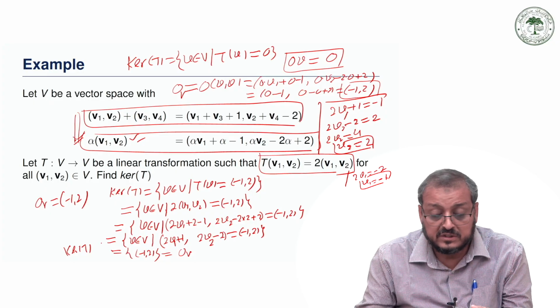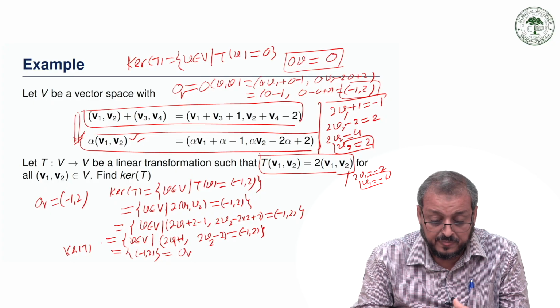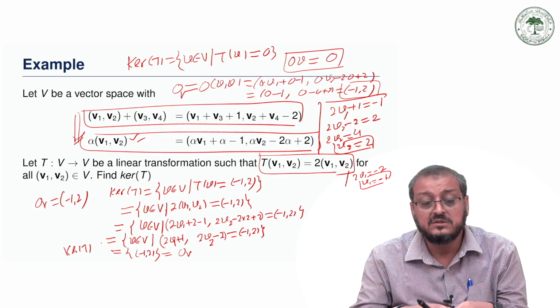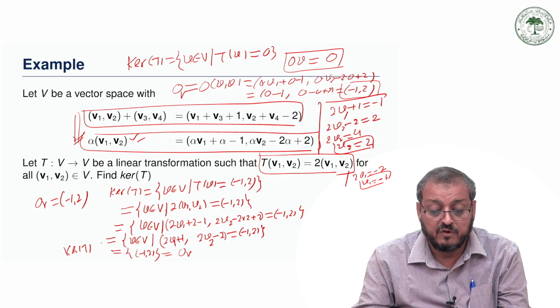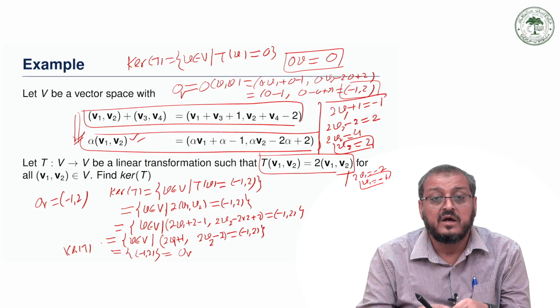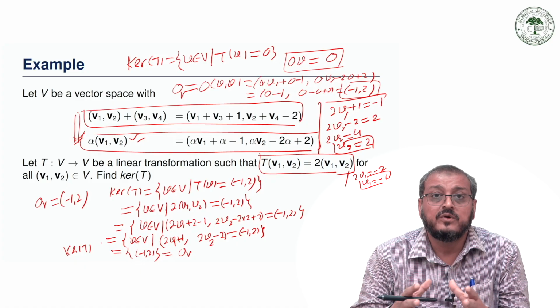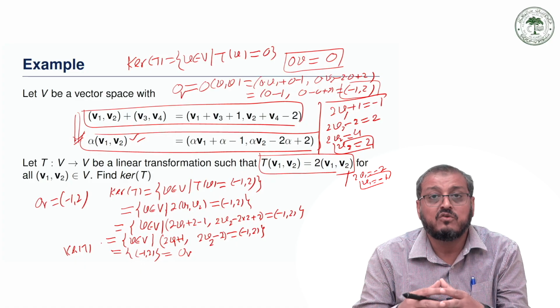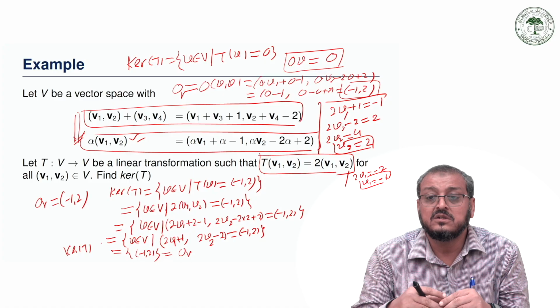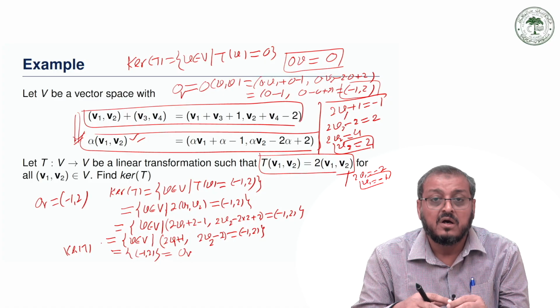Okay, now I will take various types of examples of how to calculate the range and kernel of a given linear transformation, because we have to discuss some more results.